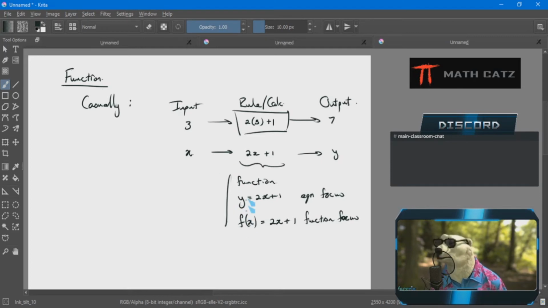To the point where we just swap y and f of x without even thinking about it. Technically, you can't do that without defining that they are the same, but we do it so often because these things are the same that we don't even bother, and that's okay. So once I have a rule, the rule could be much more complicated, but the idea, input, rule, output, or input, calculation, output, relating the two doesn't change.